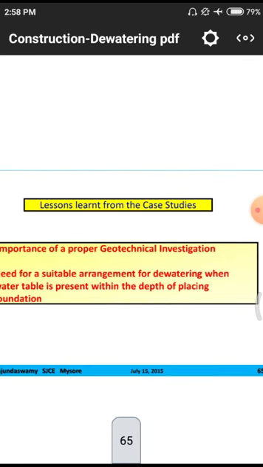And by observing those two practices which were in Bangalore, what we have to learn means importance of proper geotechnical investigation. That means in the first figure we have observed that the total quantity of water will be removed by using small ditches, like simply constructing a canal in a particular field, so that the total water will be connected into a proper ditch.